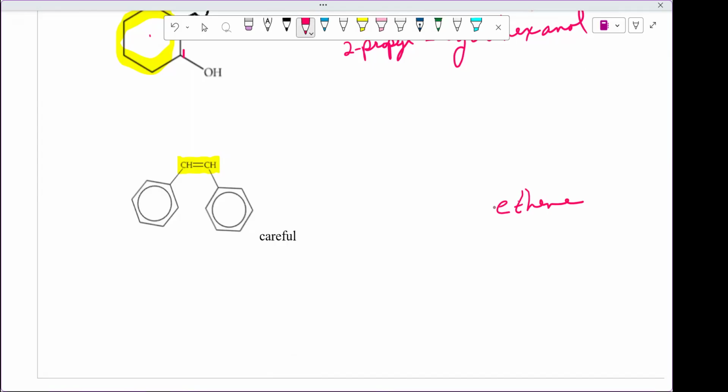We have 2 aromatic branches. Now, when aromatics are branches, they're called phenyl. So that's 1,2-diphenylethene. Now, we can say 1-ethene if you want, but there's no way it can be anything else except 1. So if you want to put the 1 in there, that's fine.